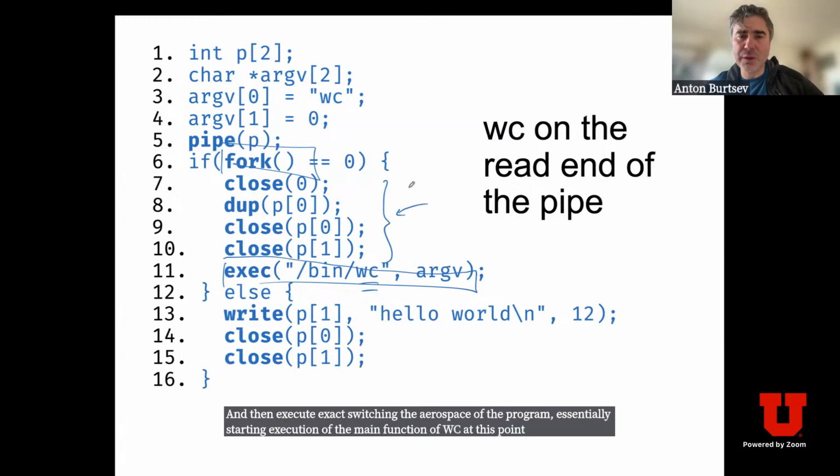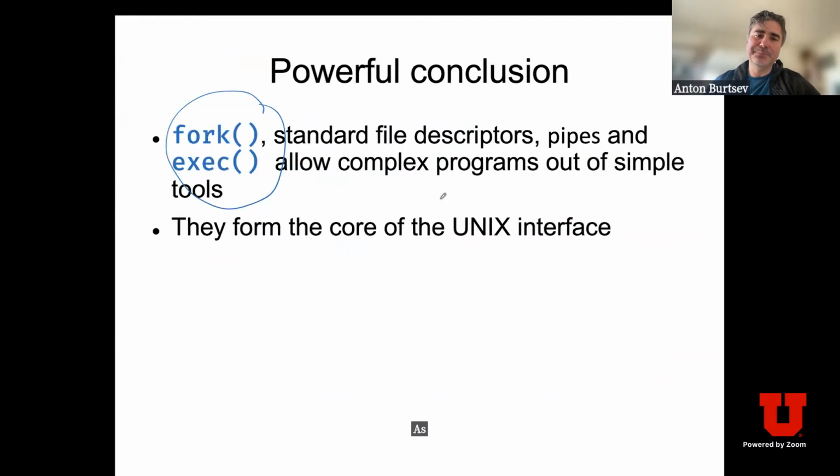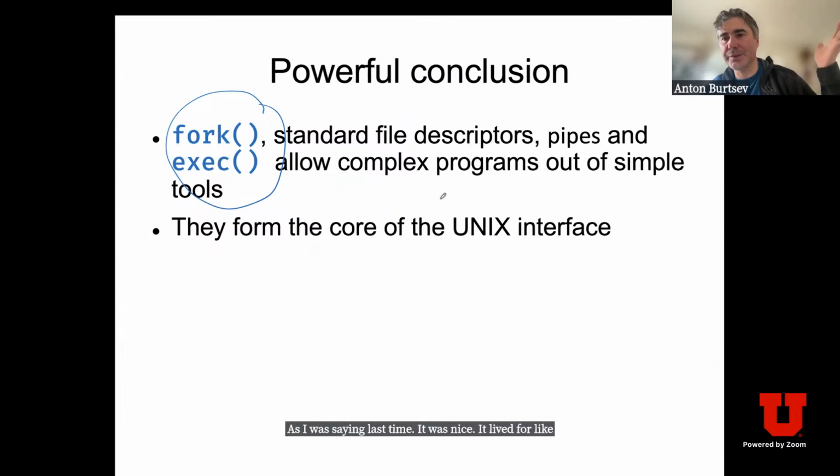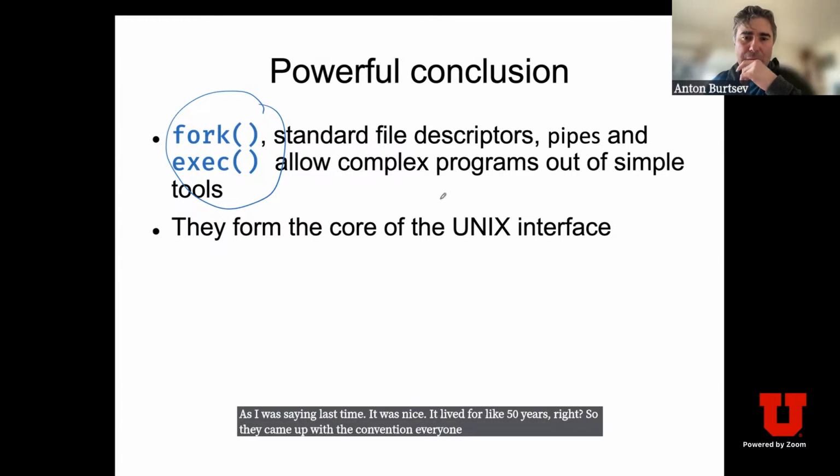Whatever you do in this window of time allows you to manipulate the file descriptors. As I was saying last time, it was nice. It lived for like 50 years. They came up with a convention, and everyone was happy for a while.